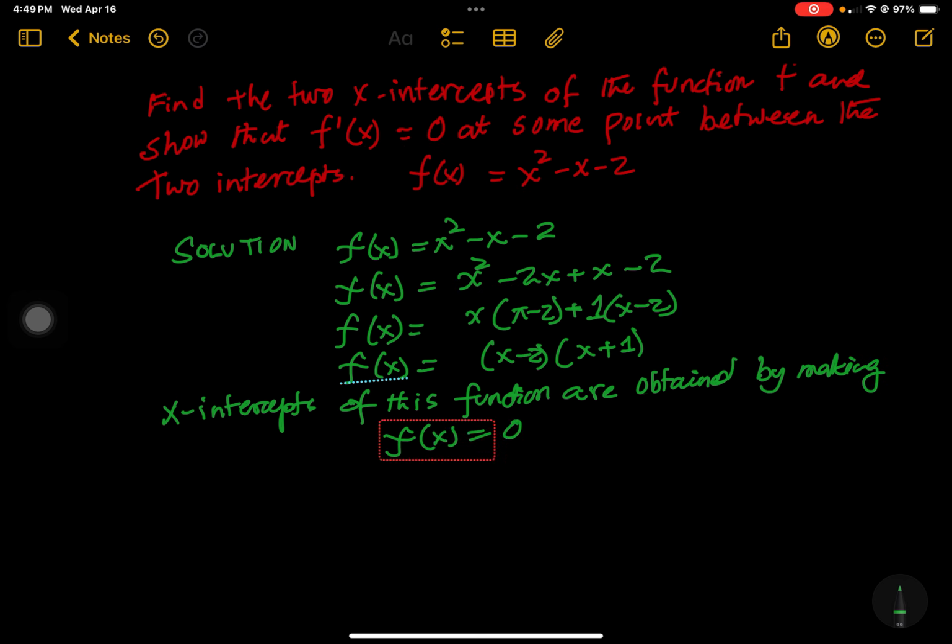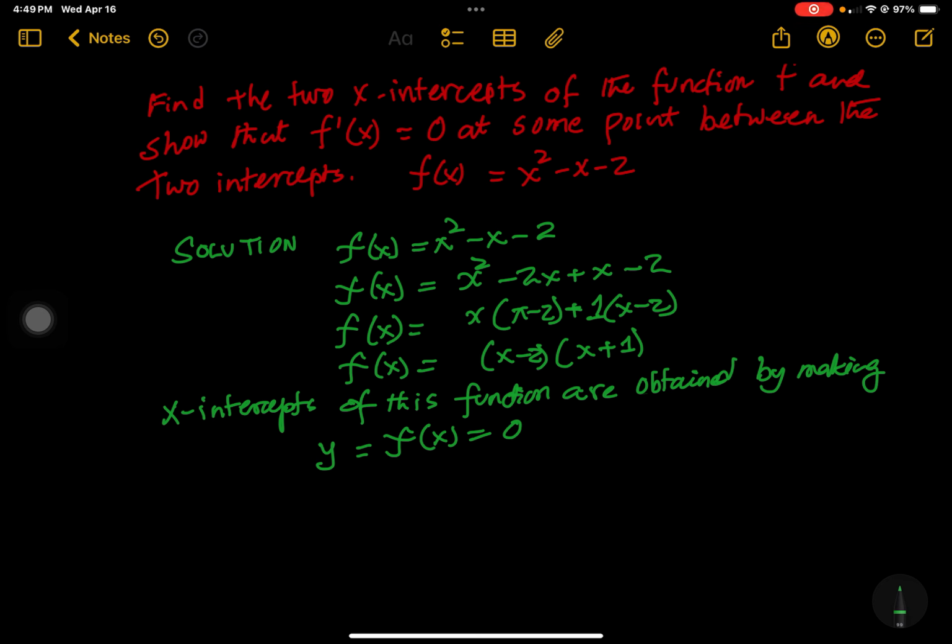Because at the x-intercept, f of x, that is y, is equal to 0, because on the x-axis the y coordinate is 0. And what is y? y is equal to f of x. So y equal to f of x equal to 0. If we solve for that, then we will get the two intercepts of the function f of x on the x-axis.